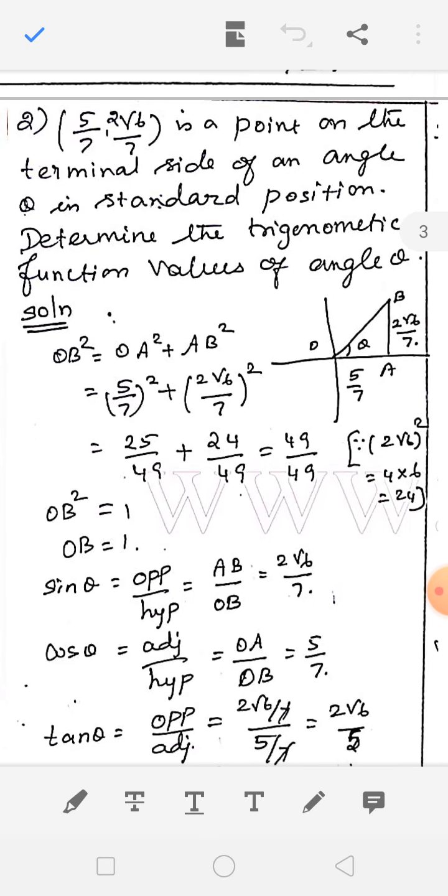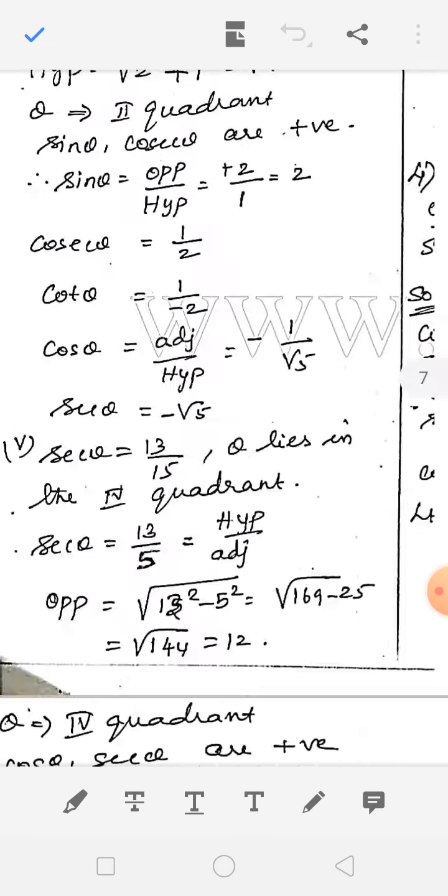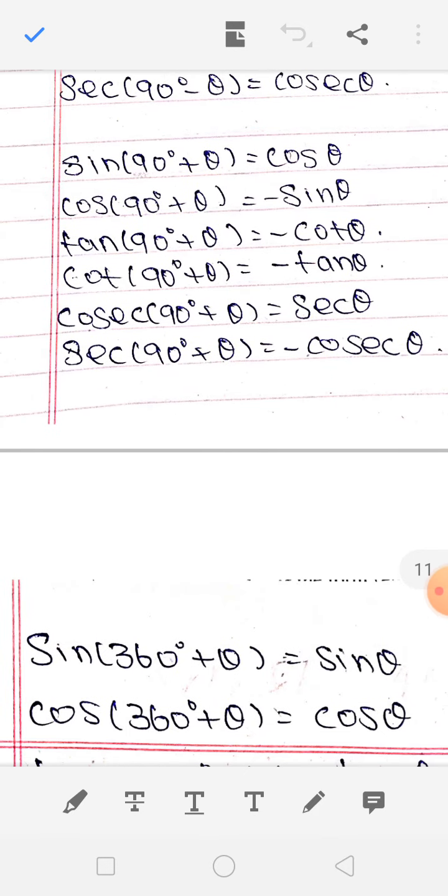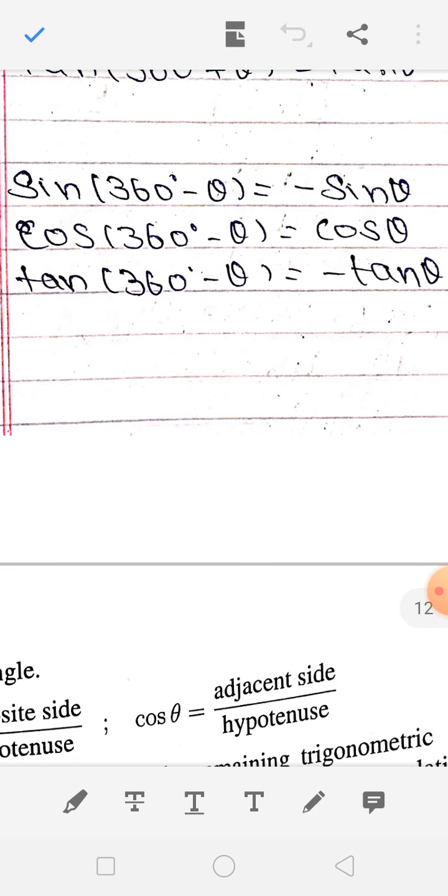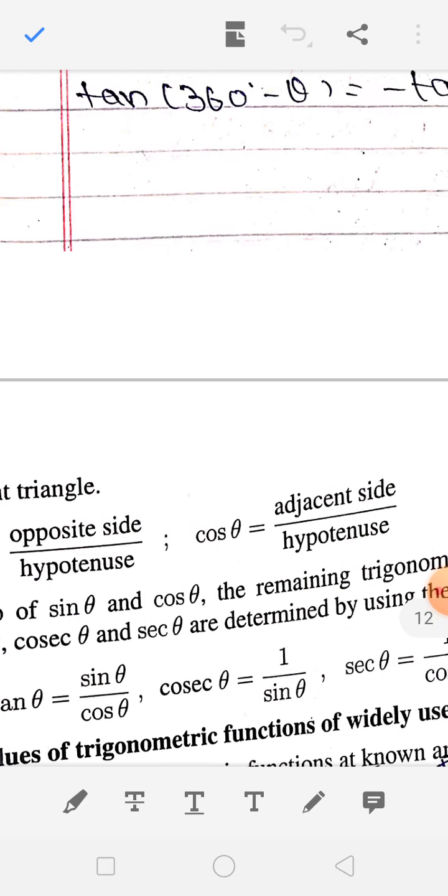Now second sum. So you should know Pythagoras theorem. Okay, so before going to Pythagoras theorem, I'm going to do some for your understanding.